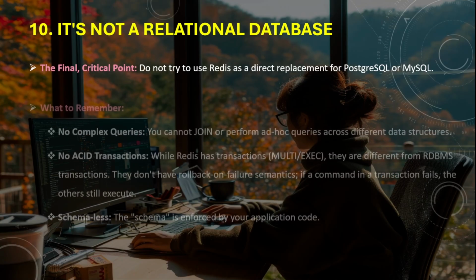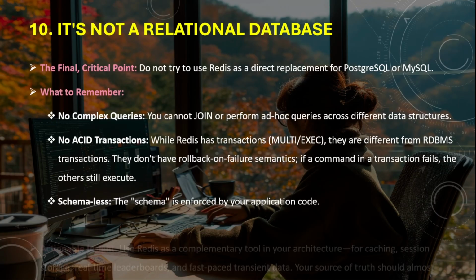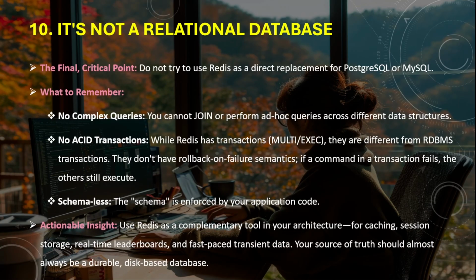Redis transactions don't have rollback on failure. If one command in a MULTI/EXEC block fails, the others can still run. Your application code is entirely responsible for the data structure.